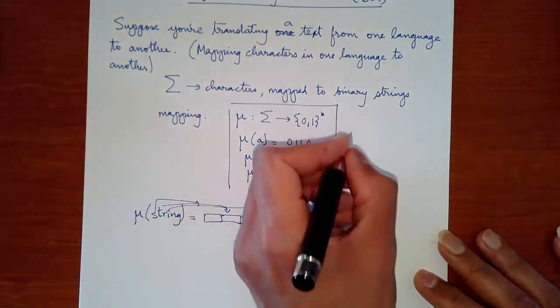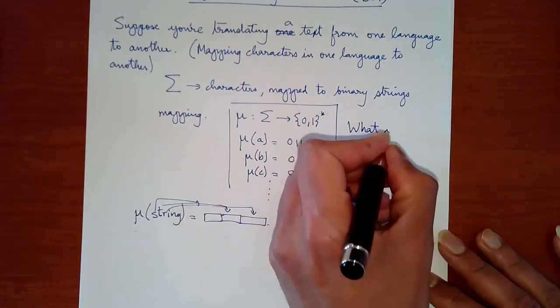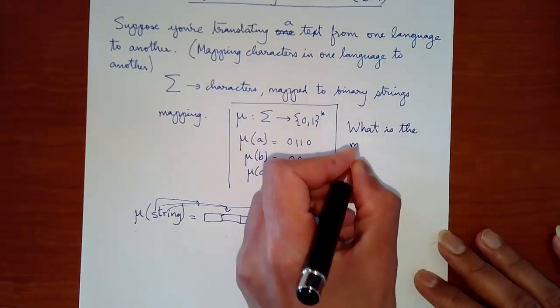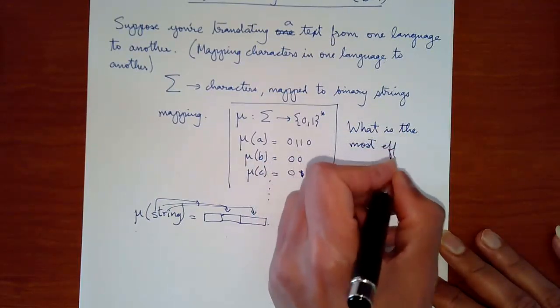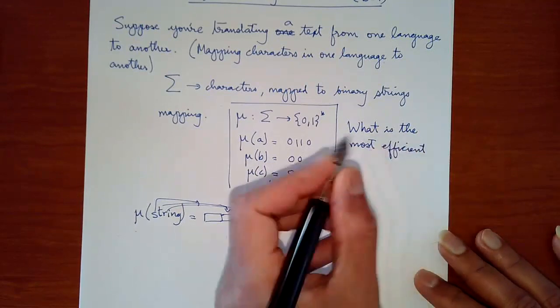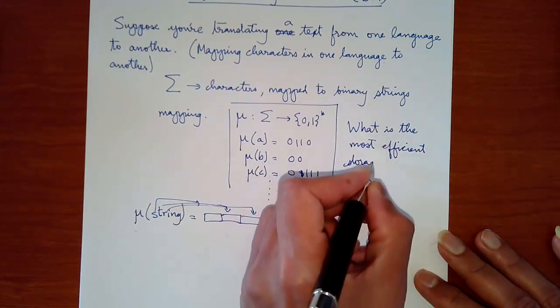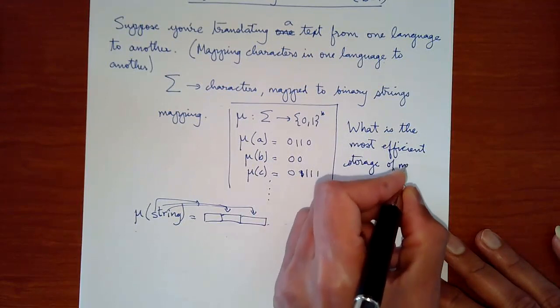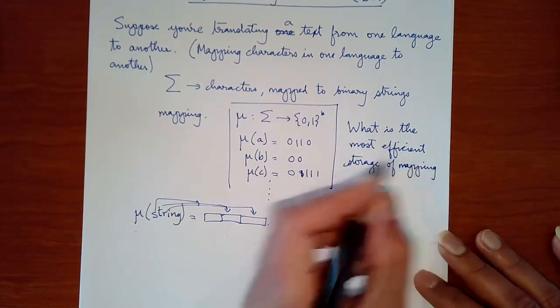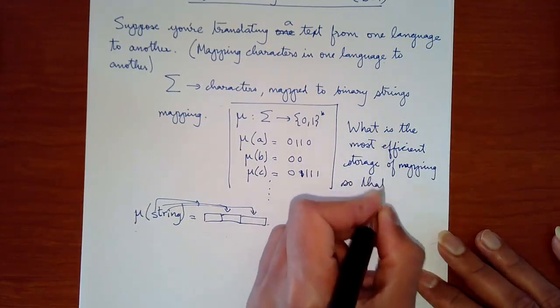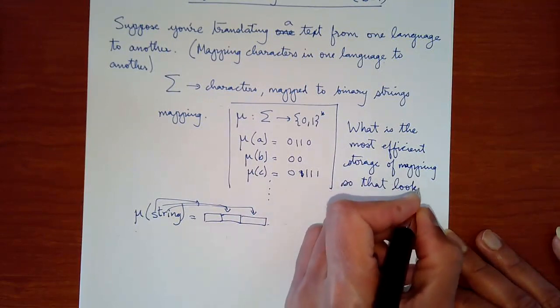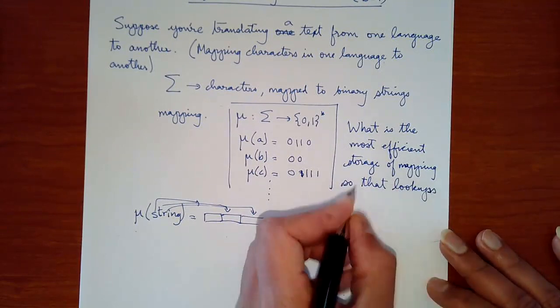The question is, what is the most efficient storage of the mapping so that lookups are fast?